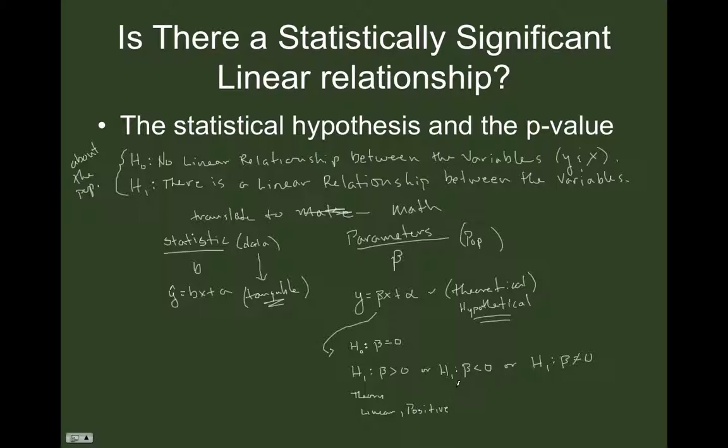So the greater than goes with the positive. We'll use the less than in the alternate when we believe that the relationship is linear and negative.